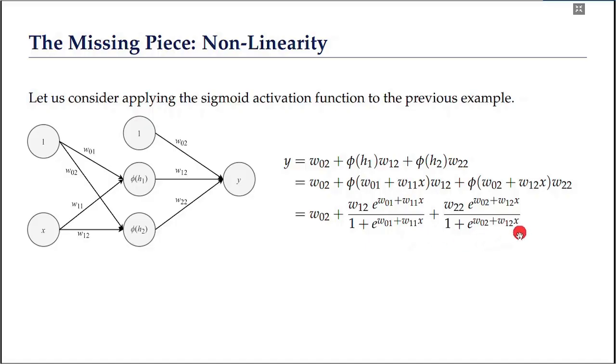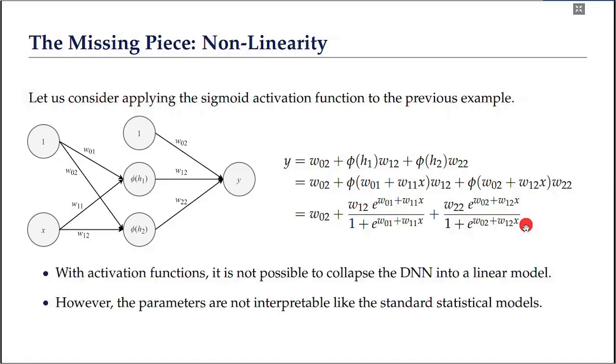And the same is true for the other term. Now clearly y is not a linear function of the covariates x. Therefore this model is no longer a linear model. Rather it is a nonlinear function of the covariates x.